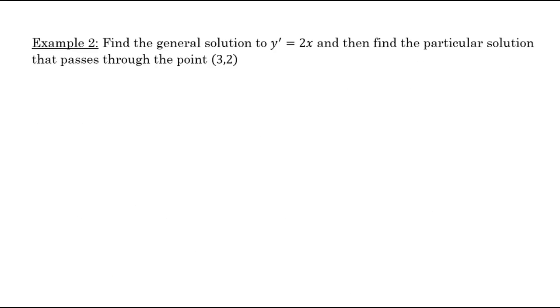So here's another example. I'm asked to find the general solution to the differential equation y prime equals 2x. Then I'm going to find the particular solution that passes through the point 3, 2. So first of all, let's have a look at this. My differential equation is y prime equals 2x, or if you like, dy dx equals 2x.